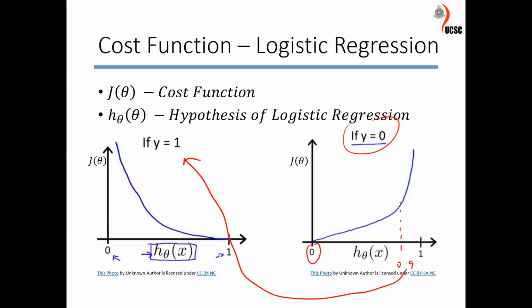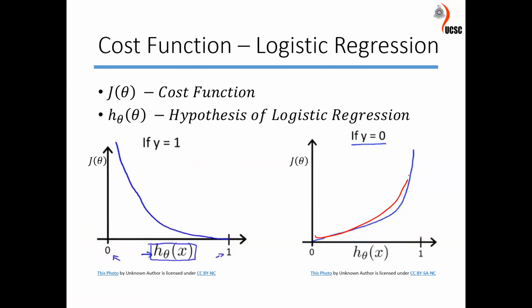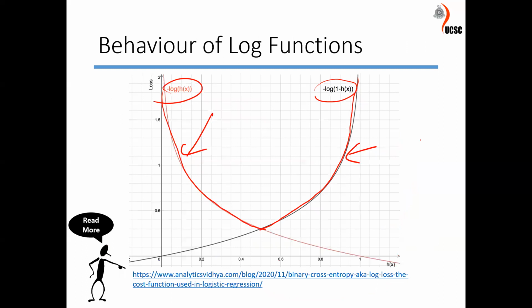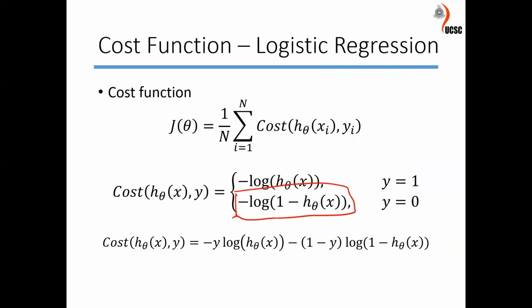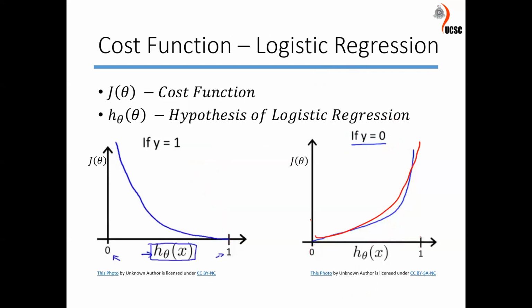In that case, that's notified in the cost function because now the cost is very high. If you go near to 1, now the cost is getting higher, because we are using this function. If y equals 0, we should consider this one. So now the cost is high.